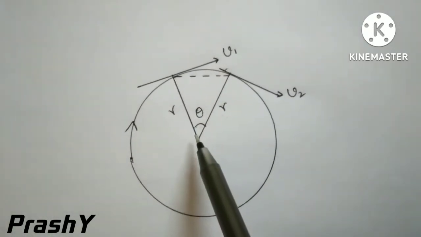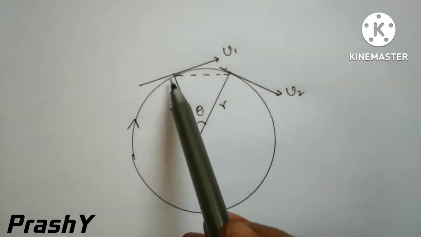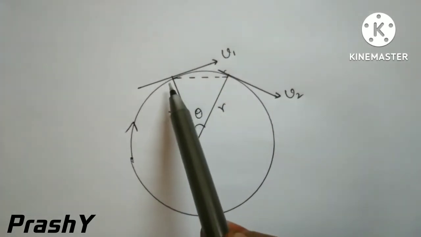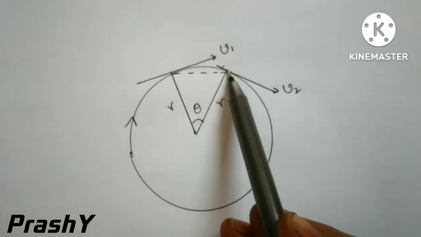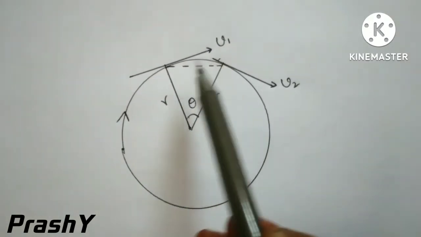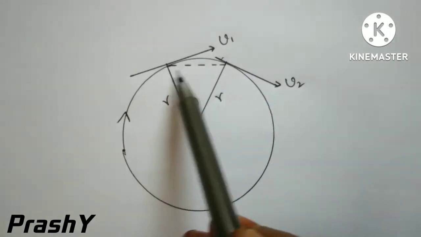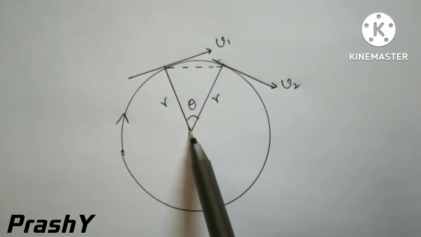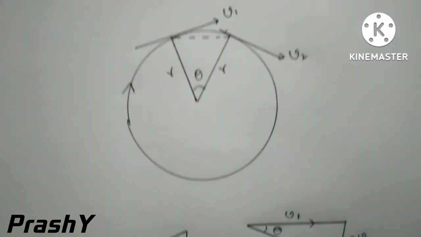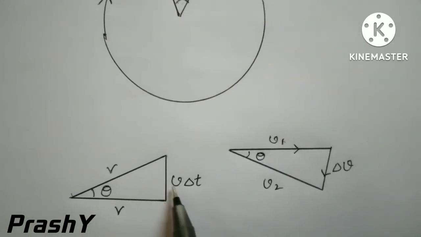If theta is very small, then the arc length will be the same as the length of the line joining these 2 points. The curvy arc length and the straight line joining these 2 points are practically the same if theta is very small. So, the third side of the triangle will be v delta t.